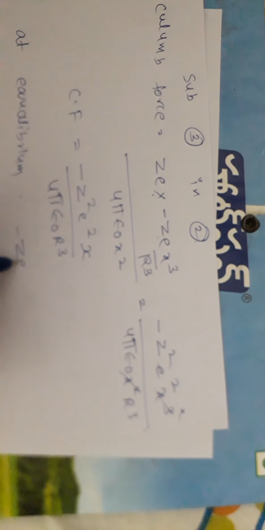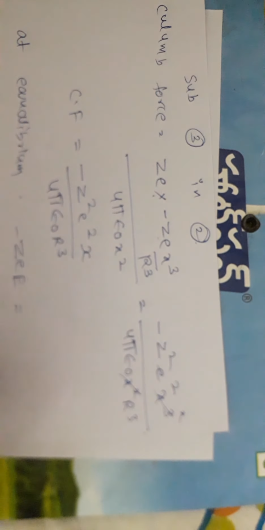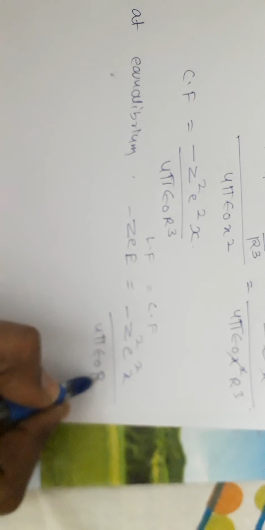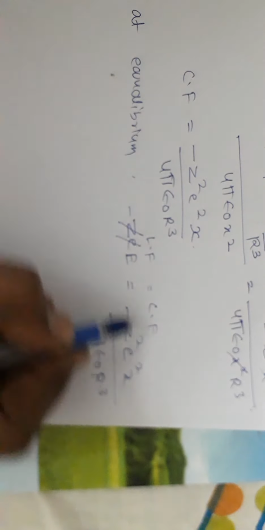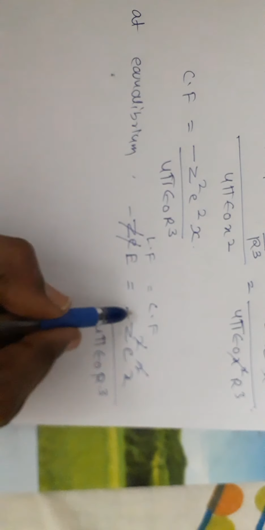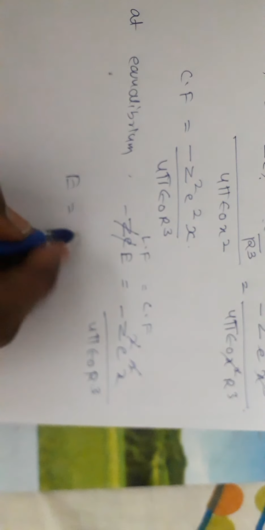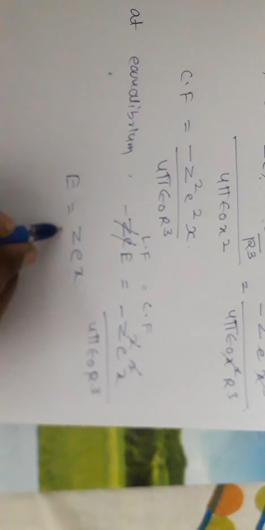ZE into E, that is the Lorentz force, is equal to the Coulomb attractive force, minus Z square e square x by 4 pi epsilon naught r cube. Now ZE cancels, minus minus cancels. Now we are getting E is equal to ZE x by 4 pi epsilon naught r cube.